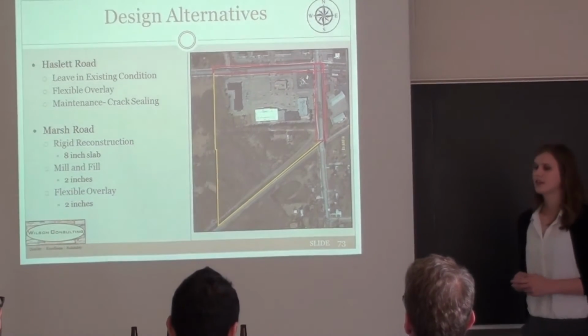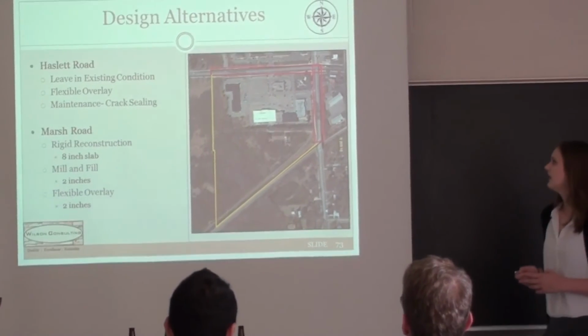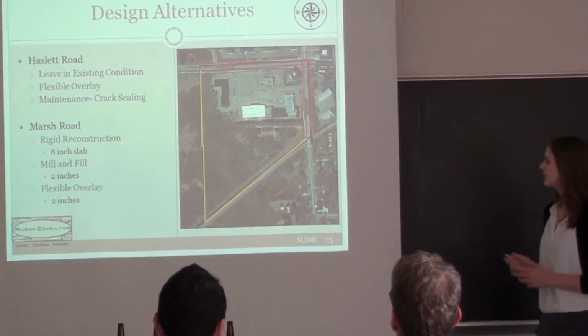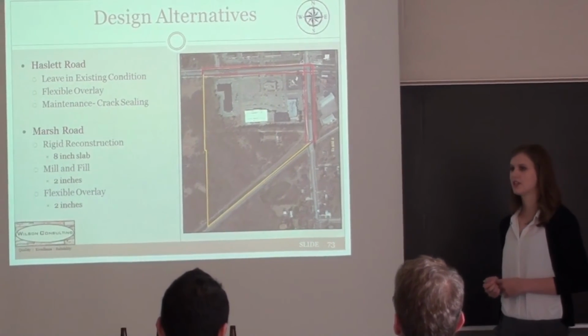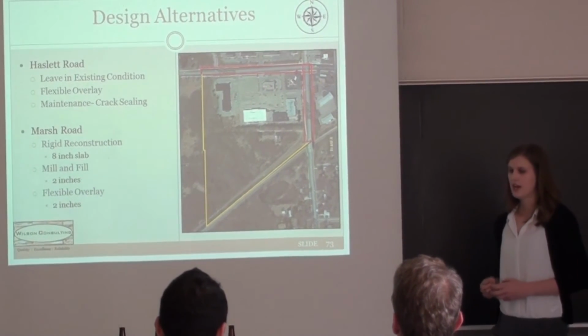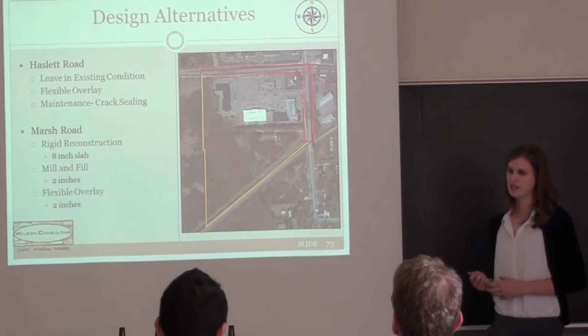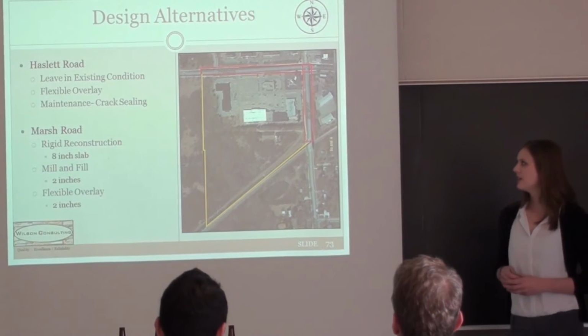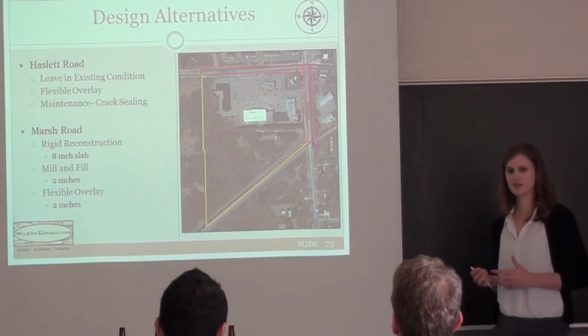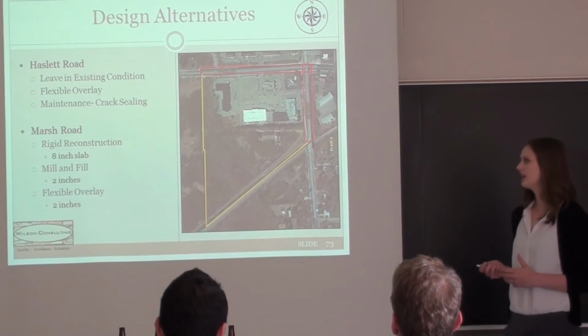So different design alternatives were considered for each road individually based on the current condition. So for Hazlet Road, since it was recently redone, it was considered just leaving it in the existing condition. And this was analyzed using the MEPDG software. The results from this determined that it would almost get to 20 years, but it would fail in longitudinal cracking.